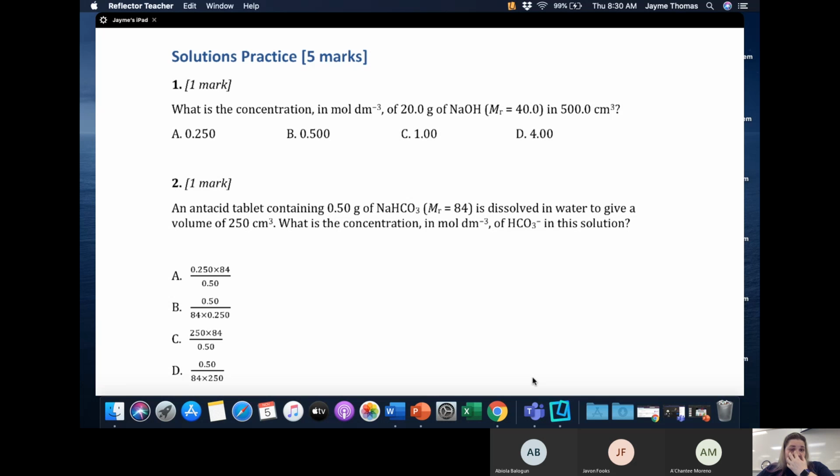This says, what is the concentration? So that means I am solving for C, my concentration. Notice that it specifically says in moles per dm to the -3. That means they're asking us to solve for the molar concentration.